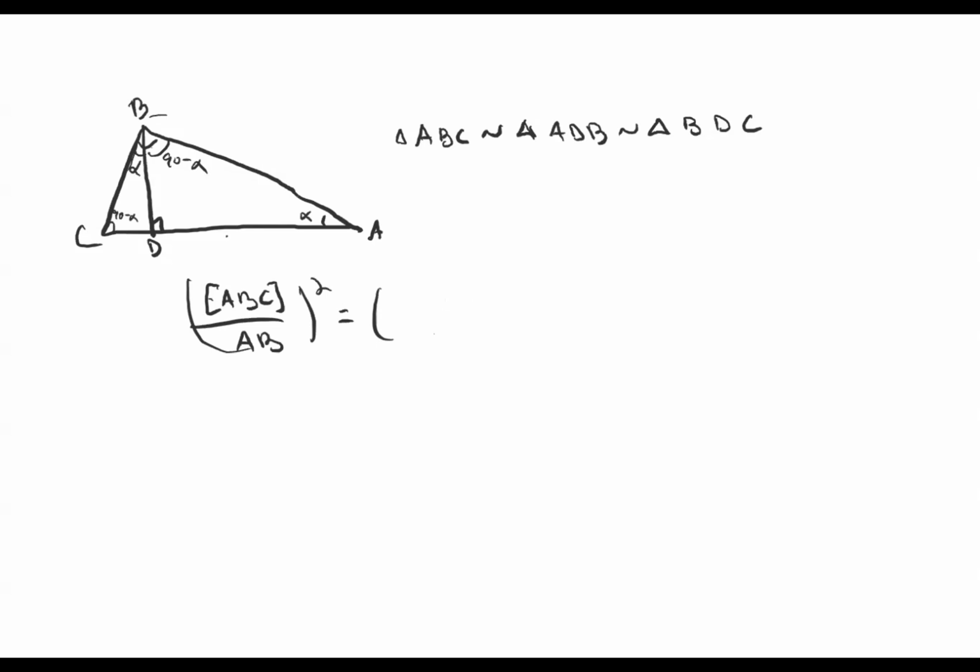Actually, do you guys know that the area of a triangle in similarity is proportional by the square? I don't want to do a similarity class right now, but I think most of you guys already know.